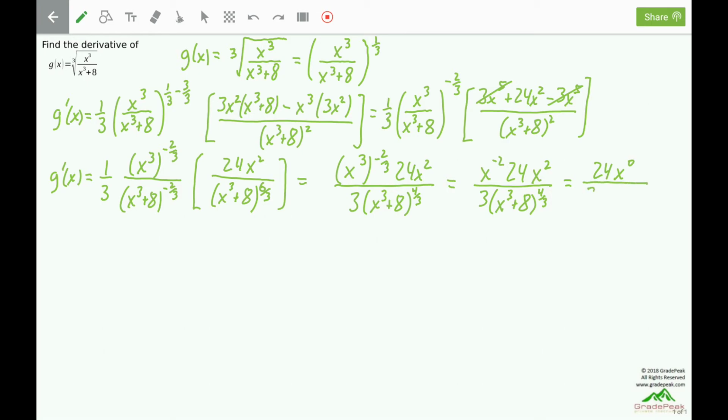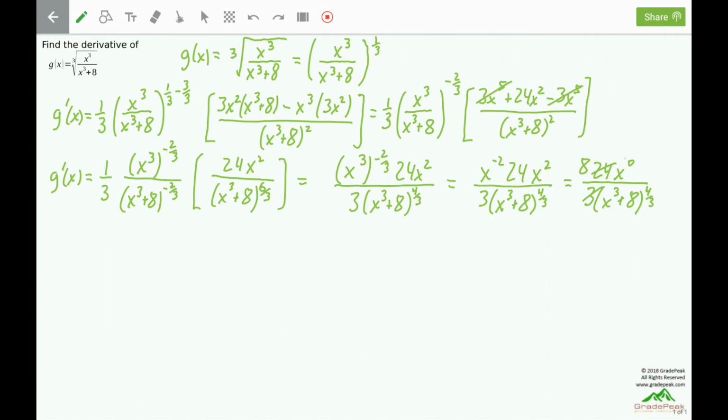Add the exponents, because I can see one more step we'll need to do in simplifying this. So the x to the 0 is just a 1, and we'll replace that with a 1. The other thing we can do, though, is we have a 24 in the numerator and we have a 3 in the denominator. Let's cancel these down, and that will be an 8.